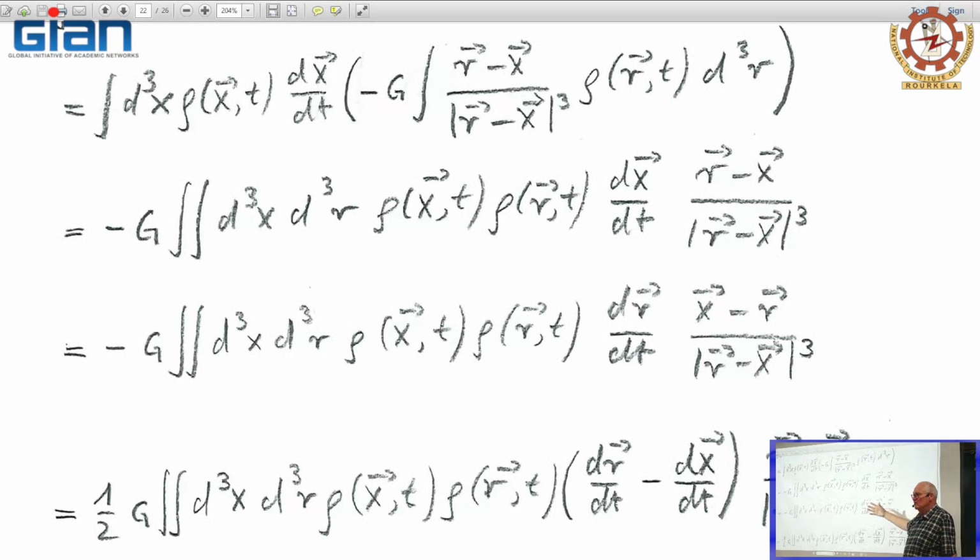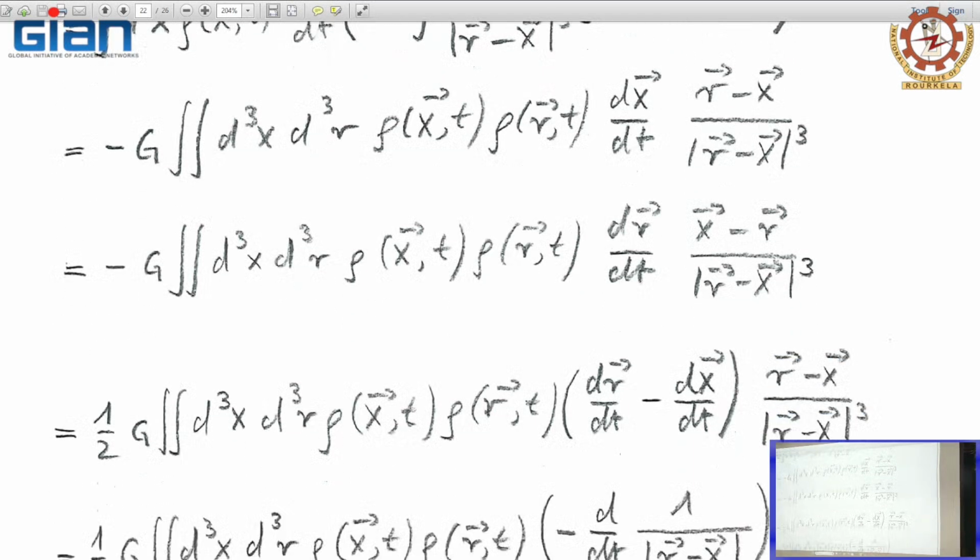But the exchange does not change the value of the integral. So these two should be equal, and equal to the original value. You can therefore write it as half of the sum of both. This means this is 1/2, and that's how the factor of 1/2 comes in, given by now a symmetric form of this integral.